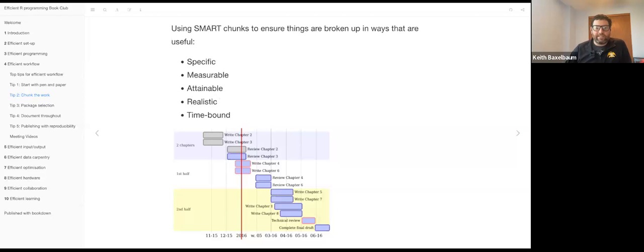So basically, rather than just write some code, do the coding that does this particular task. So be specific, and then say, what is the measurable outcome of succeeding at that? It should be attainable, so it shouldn't be write universally applicable code, but the code that's going to accomplish this task for this project. Realistic, and then time-bound, that is something that can be done within a reasonable amount of time.